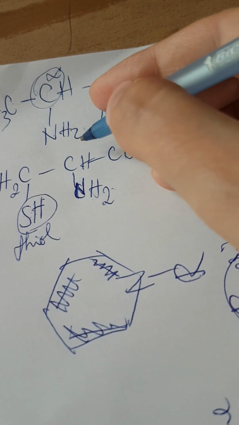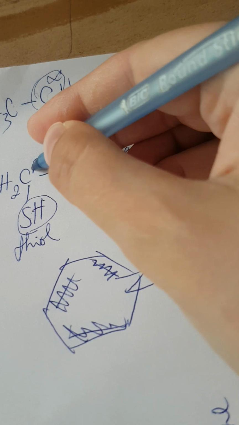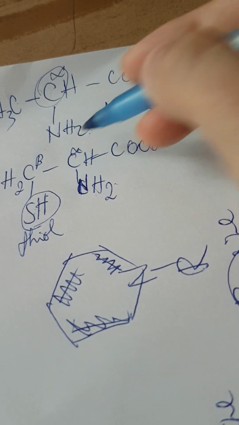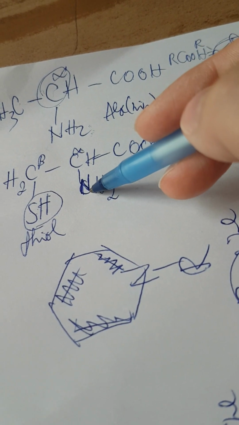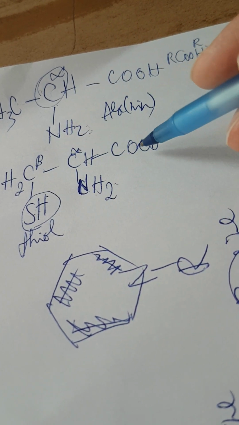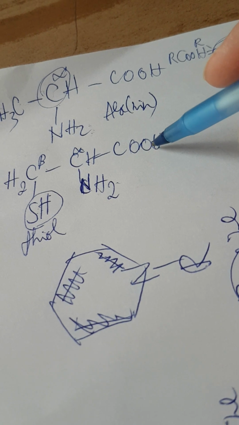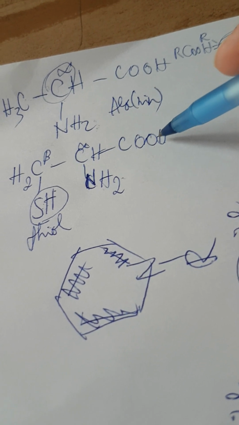So basically, what we have here is nothing else but alpha amino beta thiol propionic acid. You can call it propionic or propanoic, both names work.